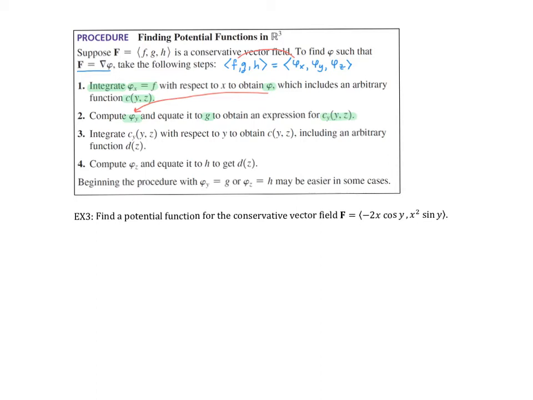So next, because we have the partial derivative of our constant with respect to y, you're going to integrate that. Again, we're integrating that constant that we found in part 2. So if we integrate with respect to y, then we'll get this constant.